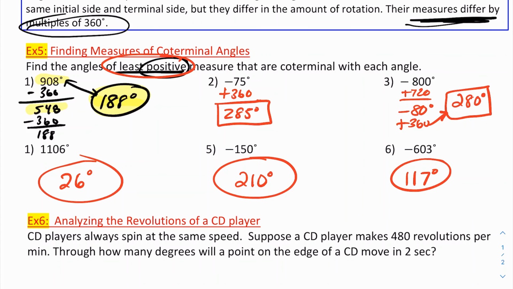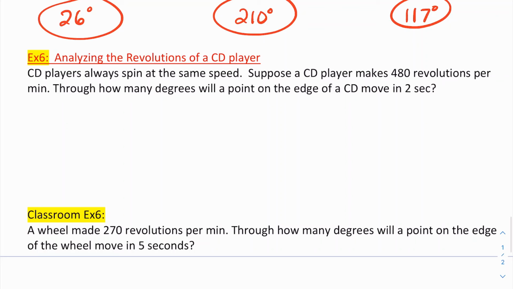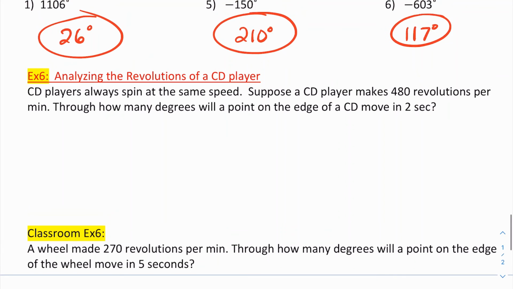For the last two problems, these are word problems. They're fairly easy to do. You just have to kind of follow a pattern here, okay? So the first thing I want you to know is that a revolution is equal to 360 degrees. It means one time around something, okay? Same thing with one orbit.